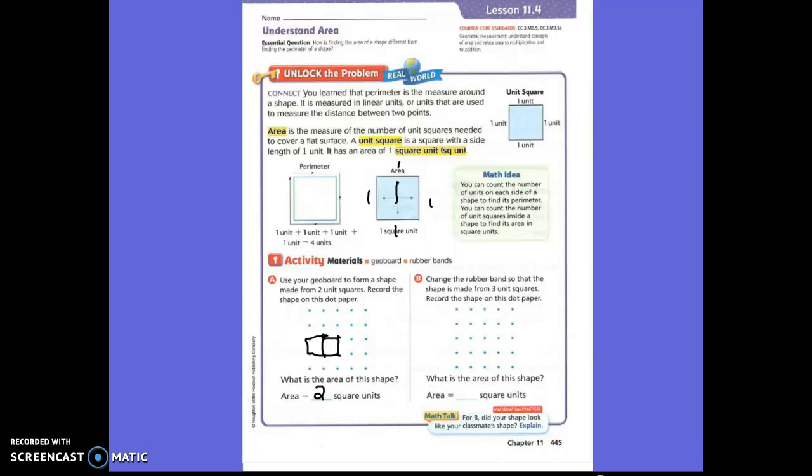Okay, go to B. Change the rubber band so the shape is made of 3 unit squares. So do 3 unit squares now, not just 2, 3. Make it any way you want, but it has to be connected by some lines. It cannot be connected at the corners.